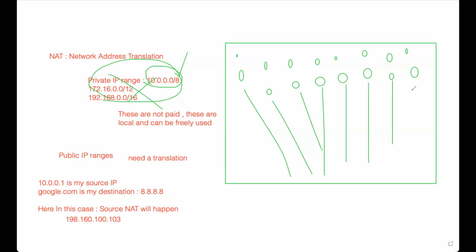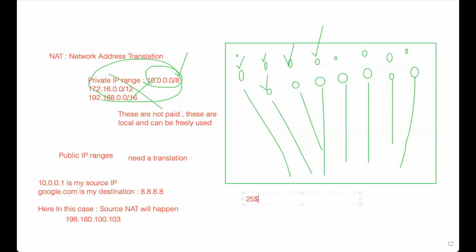In this case, I cannot buy a public IP for each, because public IPs are limited. We cannot allocate one public IP for each employee. A company like Google has thousands of employees and cannot buy thousands of IP addresses, because every IP address will cost $25 monthly.